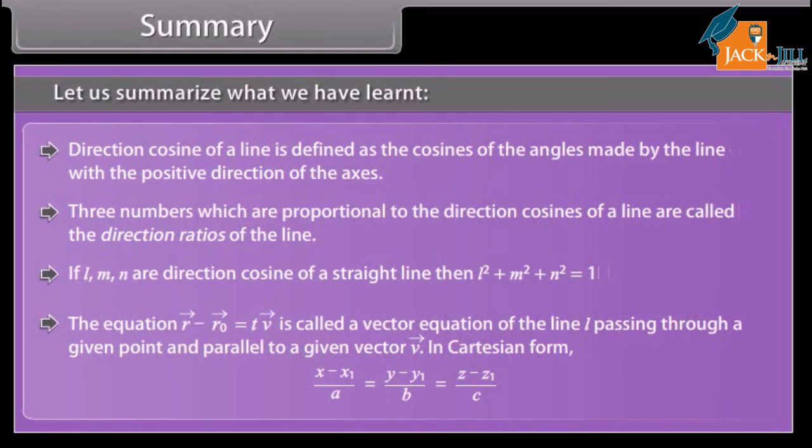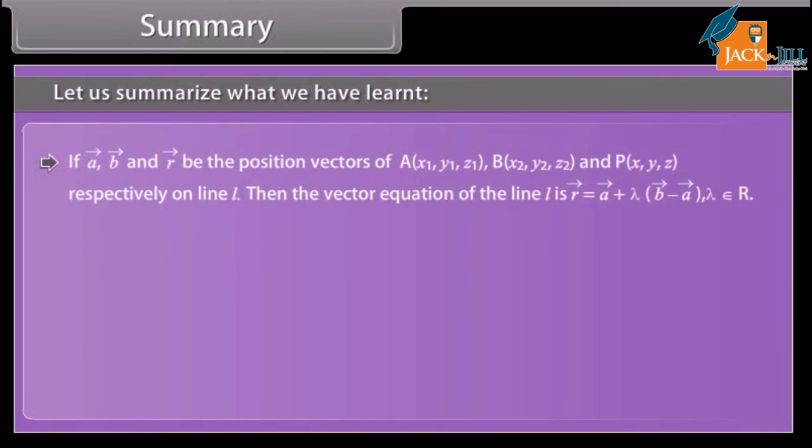In Cartesian form, if vectors A, B, and R are the position vectors of A (x1, y1, z1), B (x2, y2, z2), and P (x, y, z) respectively on line L, then the vector equation of the line L is vector R equals vector A plus lambda times vector B minus vector A, lambda belongs to real numbers.